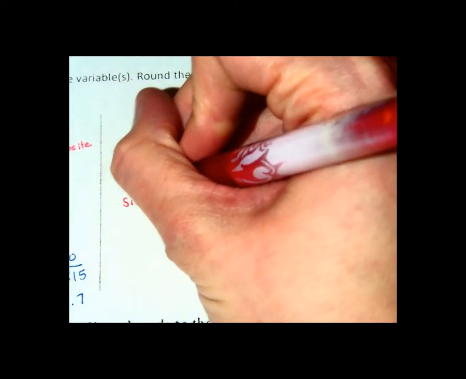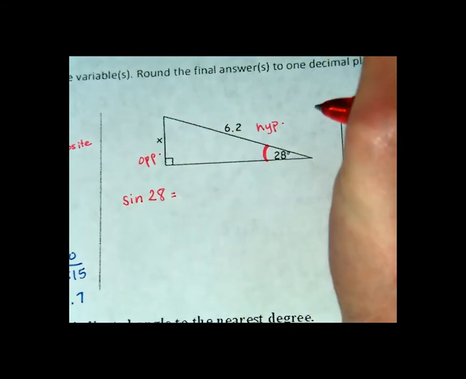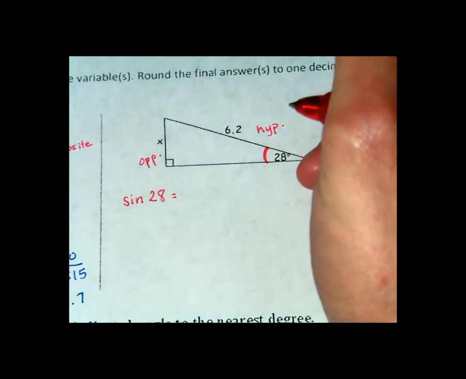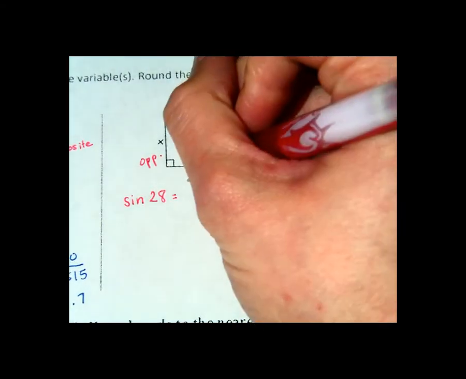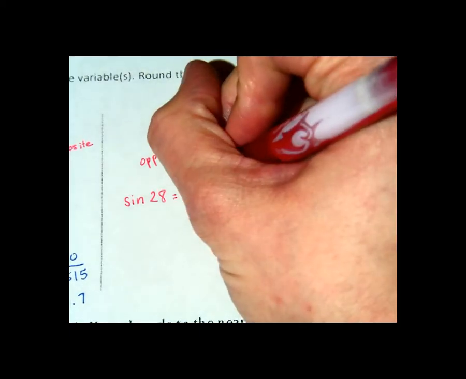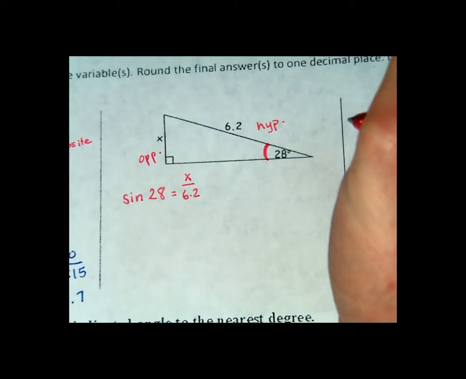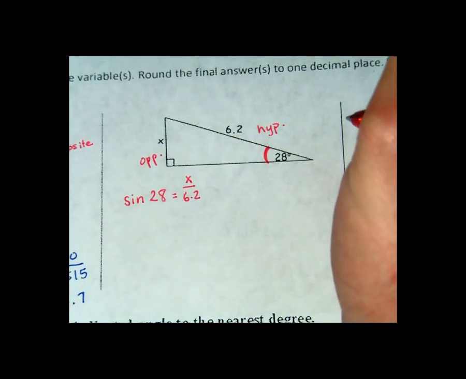Sine of 28 equals, what's the opposite over what's the hypotenuse? How do you solve this one?